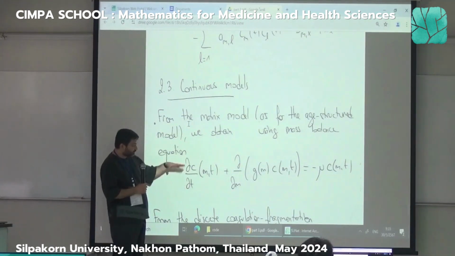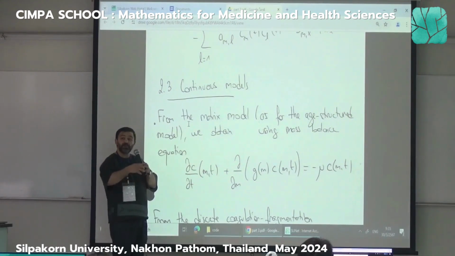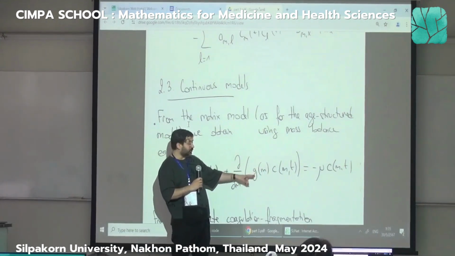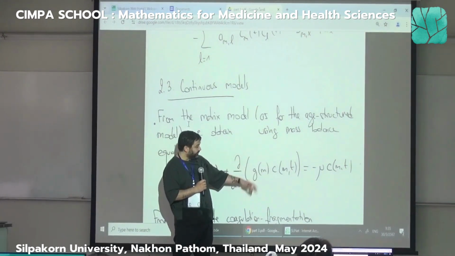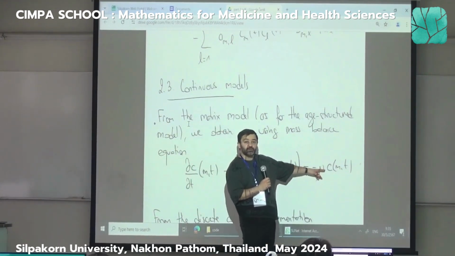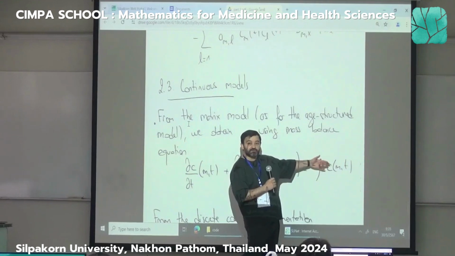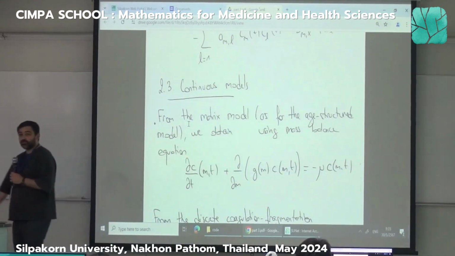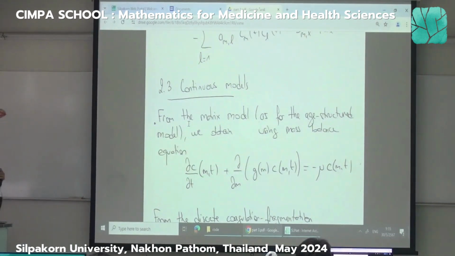It means exactly the same as before: the population will grow with this rate, the G of n, depending on the state. And here you have the degradation or the reduction of the size. Exactly the same type of equation, starting from the matrix model.